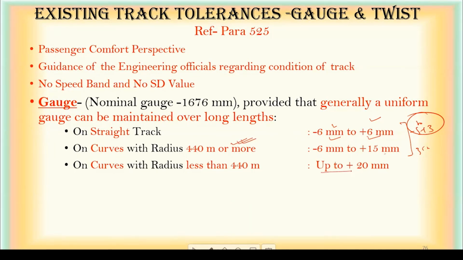If the curve is sharper than 4 degree then this is +20 mm, which for new track was, I think, +10 mm. So in maintenance the limits have been increased, you can appreciate it.